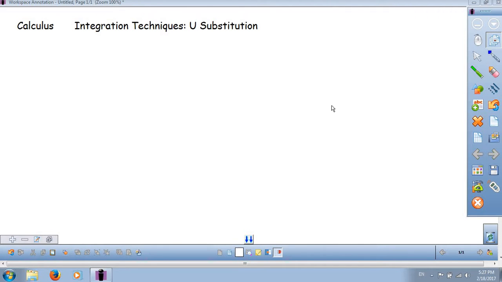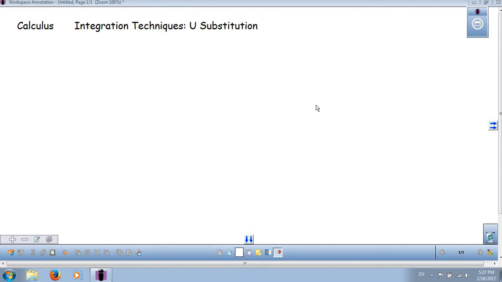Well, sometimes when we deal with integration problems, they are a little bit more complicated than the straight integration problems that we usually use. For example, the ones we can use power rules for, or the ones we can use trig integration rules for.